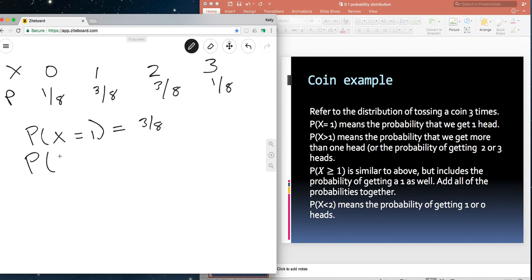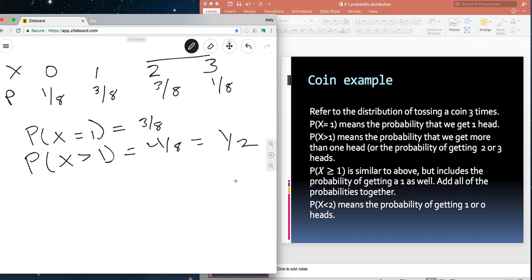Now, if I use the symbol greater than, that basically means I want everything bigger than 1. So in our example here, everything bigger than 1 would be 2 and 3. So if you notice, there's 2 probabilities down here, and we're just going to add those together. So 3/8 plus 1/8 is 4/8, or you could reduce that down to 1/2.